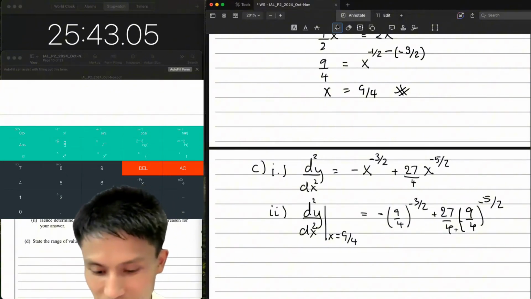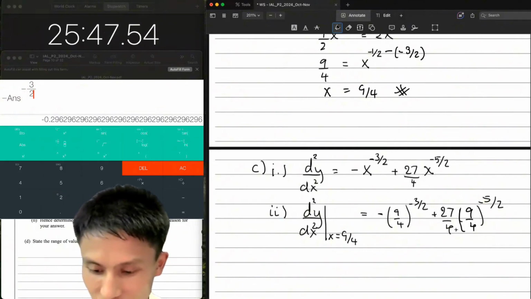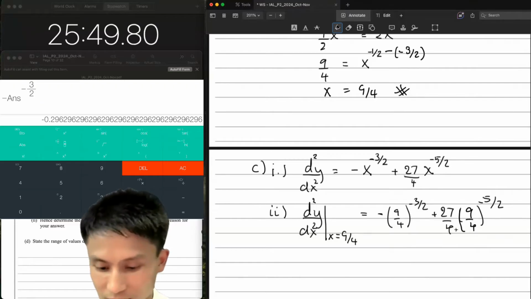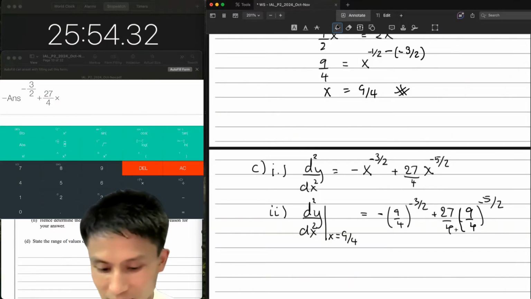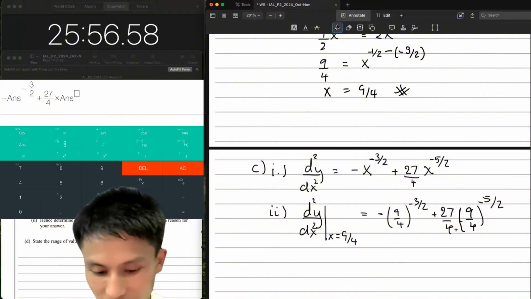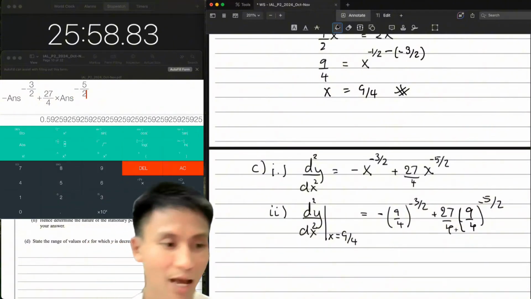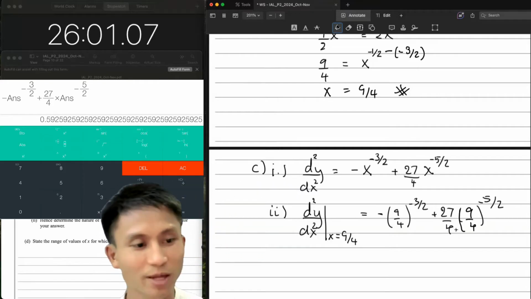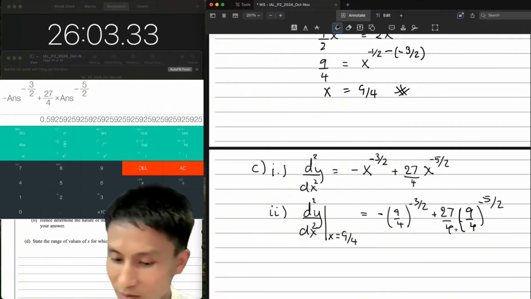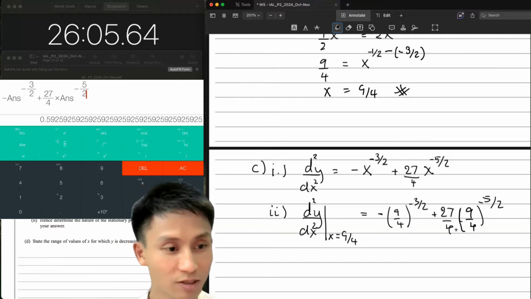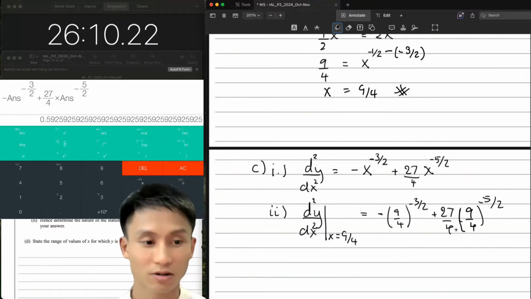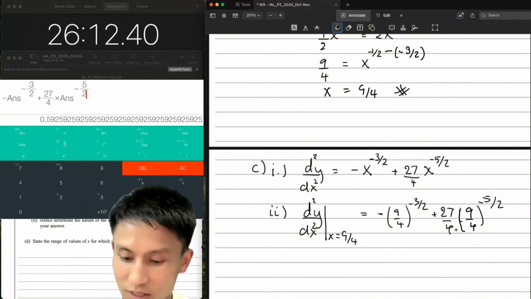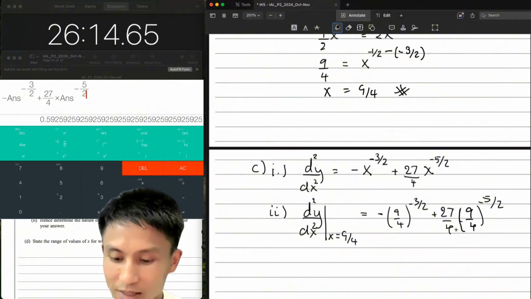So I'm going to do minus answer to the power of minus 3 over 2, and then plus 27 over 4 multiplied by answer to the power of minus 5 over 2. Because I don't want to do too many 9 over 4s, I'm just skipping that by storing it to an answer first. It would be more obviously useful if you have longer functions. So here, I think that's the answer.